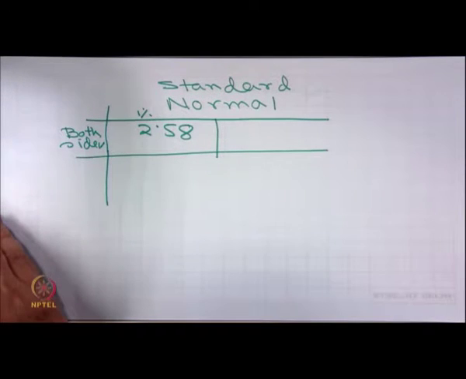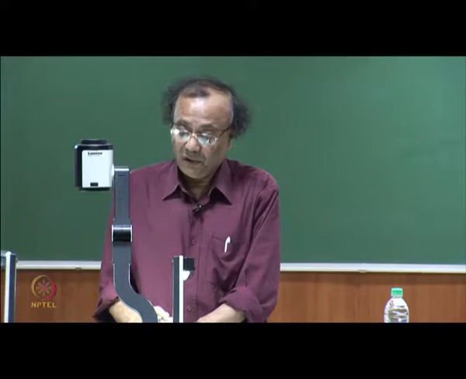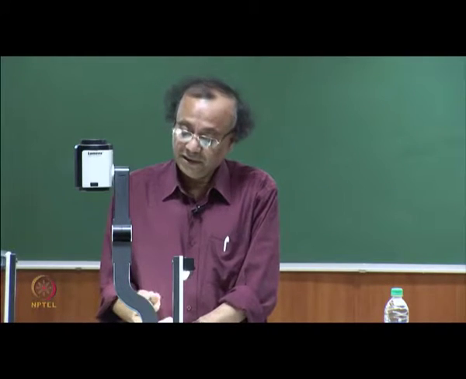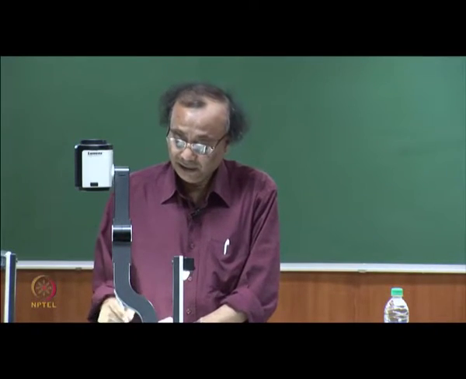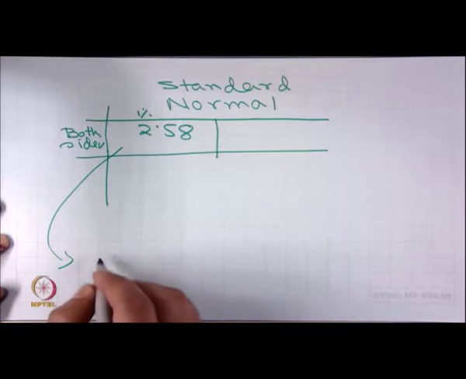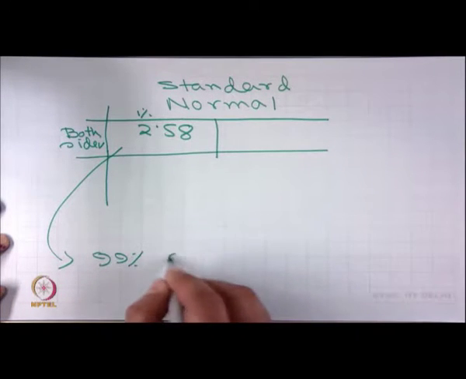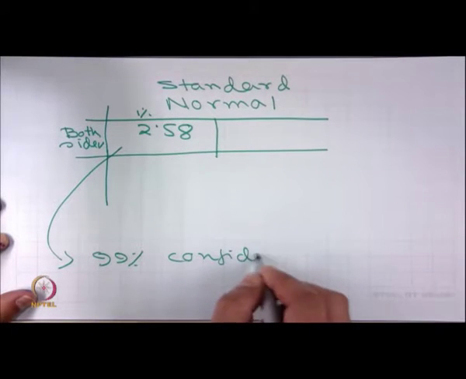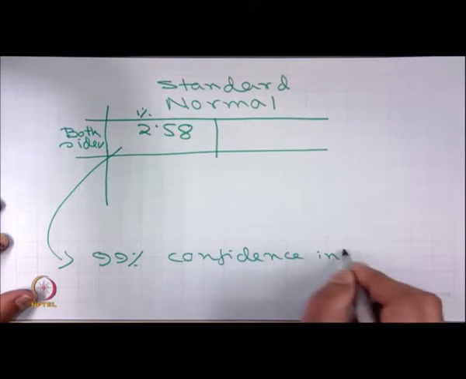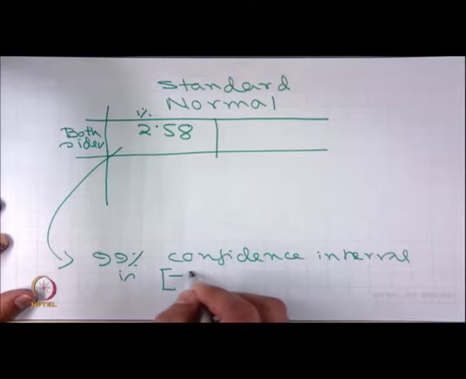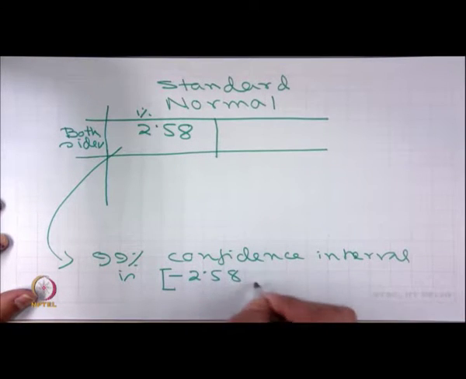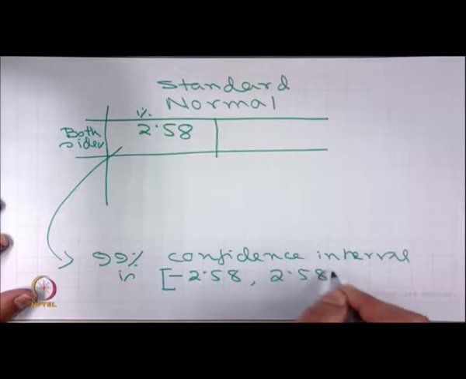Above 2.58 the chance is only 0.5% and below minus 2.58 the chance is only 0.5%. So, together we have 1%, or the 99% confidence interval is minus 2.58 to 2.58.